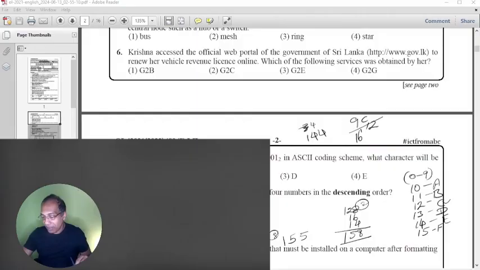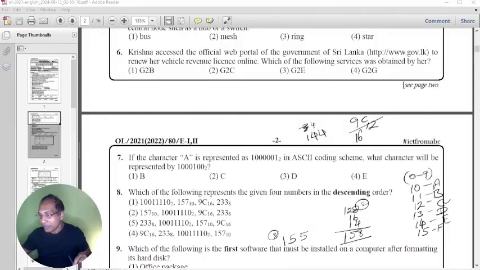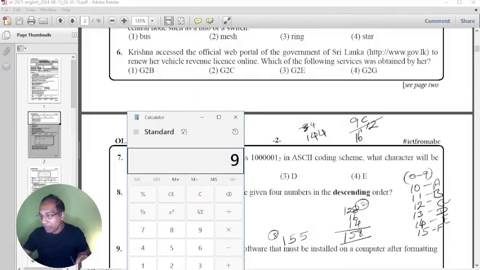This is why you need a calculator. Okay, 9 multiplied by 16. Yeah, 144 plus 12.